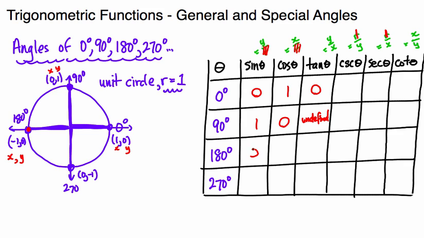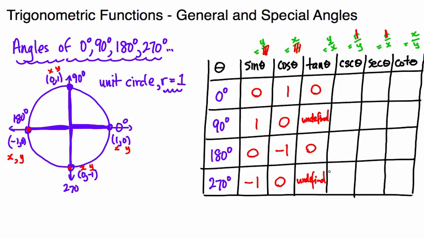So the y value is 0, the x value is negative 1, and 0 divided by negative 1 is still 0. And at 270, I get an x value of 0 and a y value of negative 1, and division by 0 is still undefined.